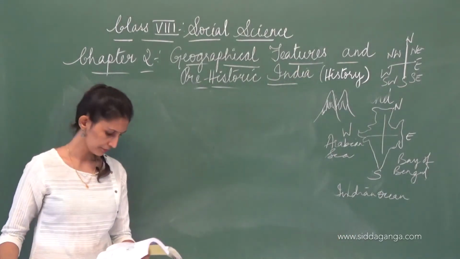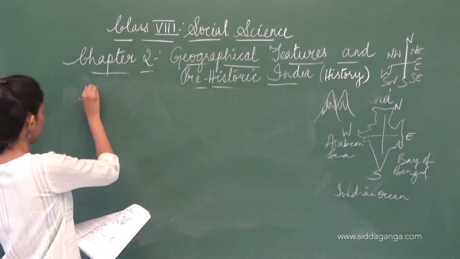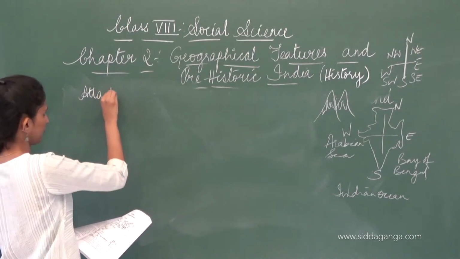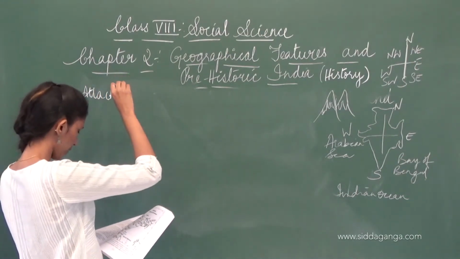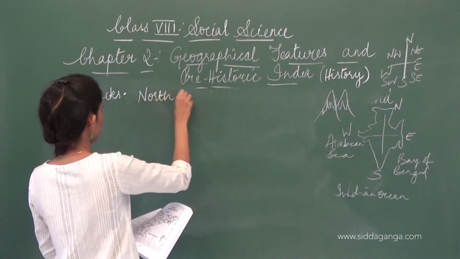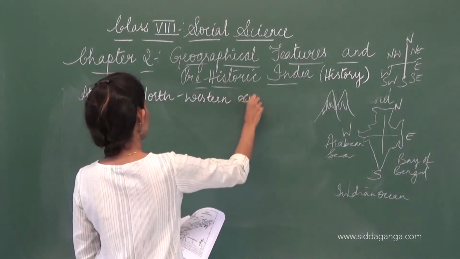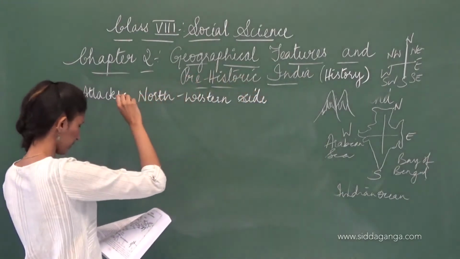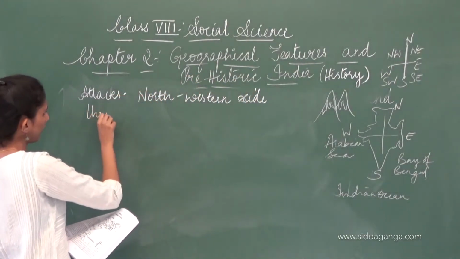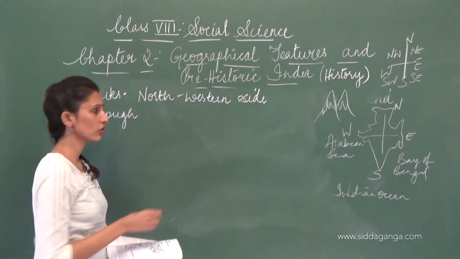Let's see further. Now, attacks that were done were from the northwestern side, through the valley of Bolan, through the valleys of Bolan.